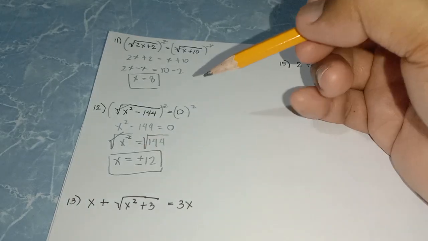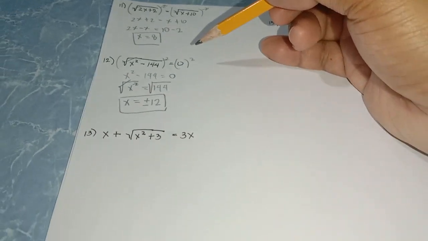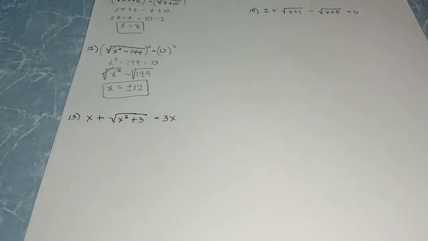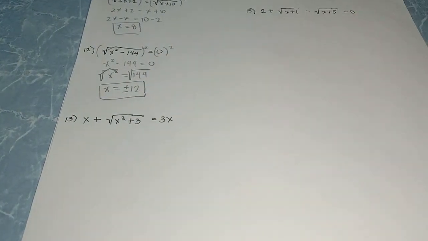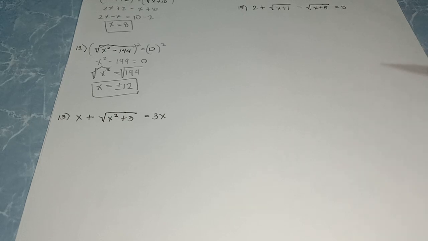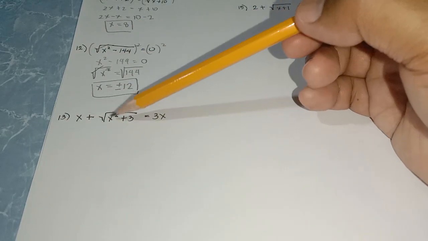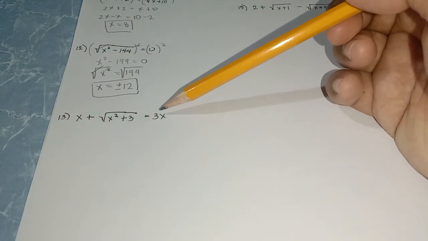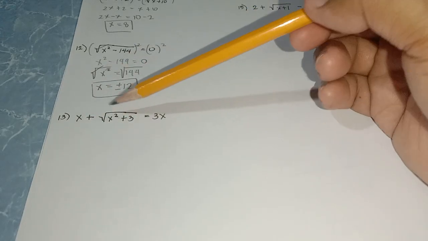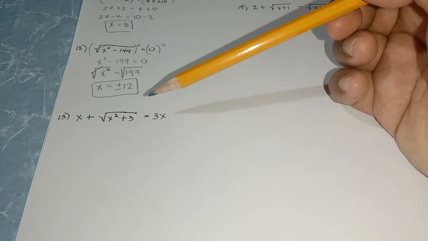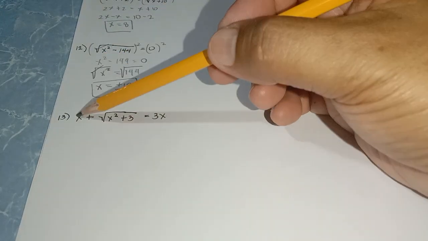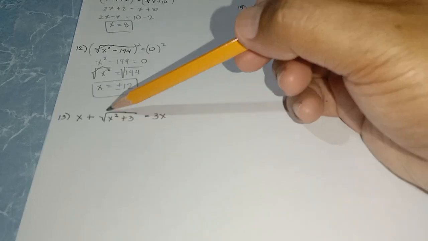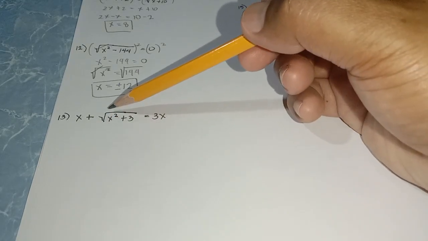Okay? Number 13. Okay, so number 13 ay parang may square din. Okay, so tingnan natin, parang mahaba-haba ito. So, parehas naman, lahat naman sila ay may variable. So, x dito, so wala akong ililipat. So, ang mas magandang gawin yan, ilipat ko na ito dito, para mas madali itong ma-eliminate.